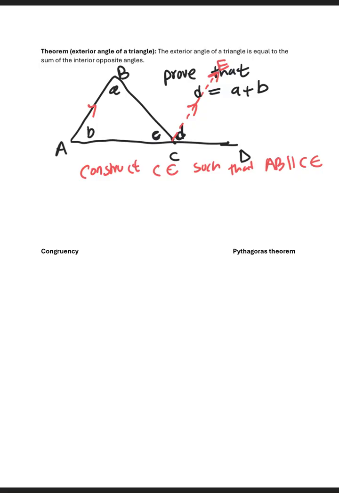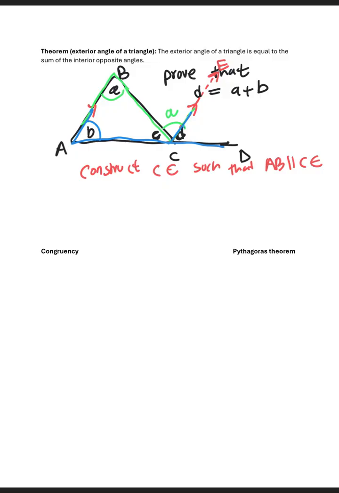And then after doing construction, we're gonna observe that we have a Z shape here. And then it means this angle and this angle are equal. So the angle here is A. And then after that, we will also observe that we have an F shape here.